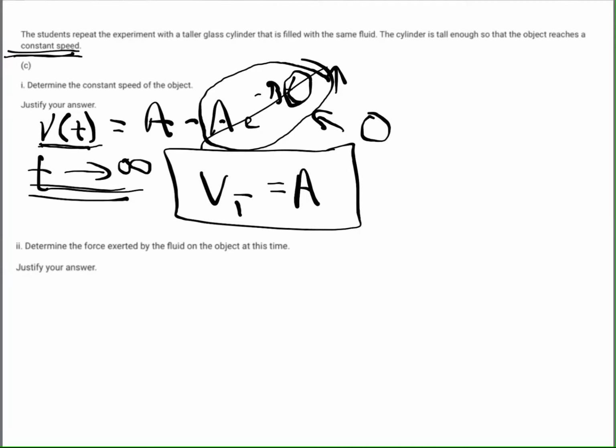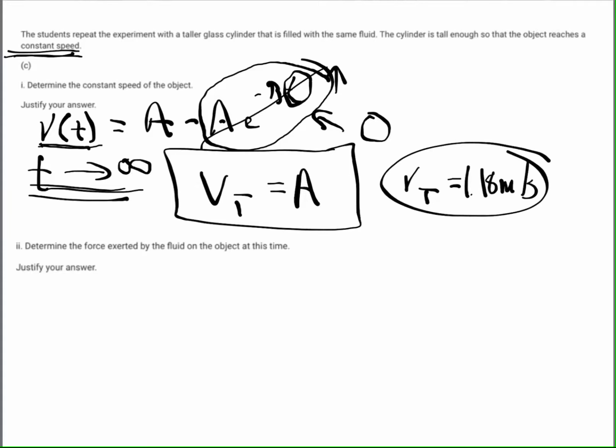All right, so v terminal would be 1.18 meters per second. So it's a nice little trick. You know that at time equals infinity, it would have to be a terminal velocity because there's some point before infinity where it gets there. And you know your basic limits. When that gets to infinity, this whole term becomes 0.